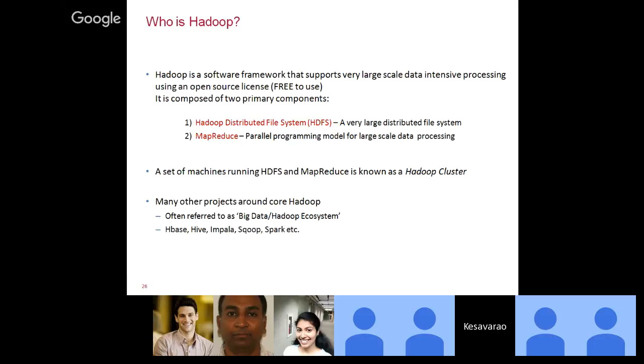Right? So here we are trying to understand some of the underlying things for the Hadoop framework. It's a software framework. It supports very large scale data intensive processing, and it's free to use because it's open source.